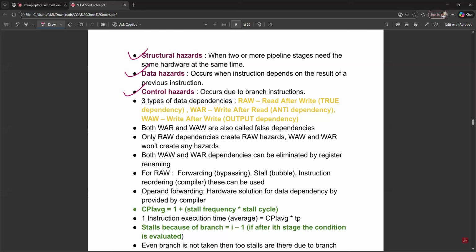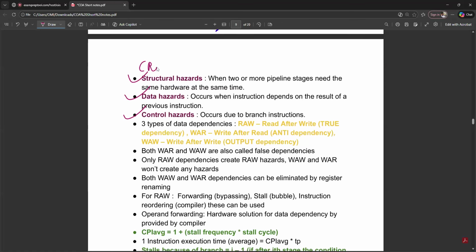If two or more pipeline stages need the same hardware at the same time, which means resource constraints are there, then it is called a structural hazard.